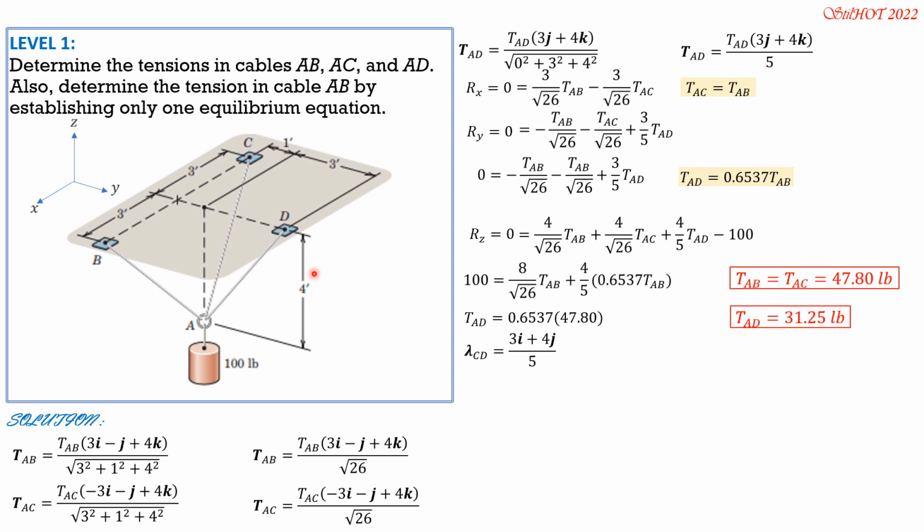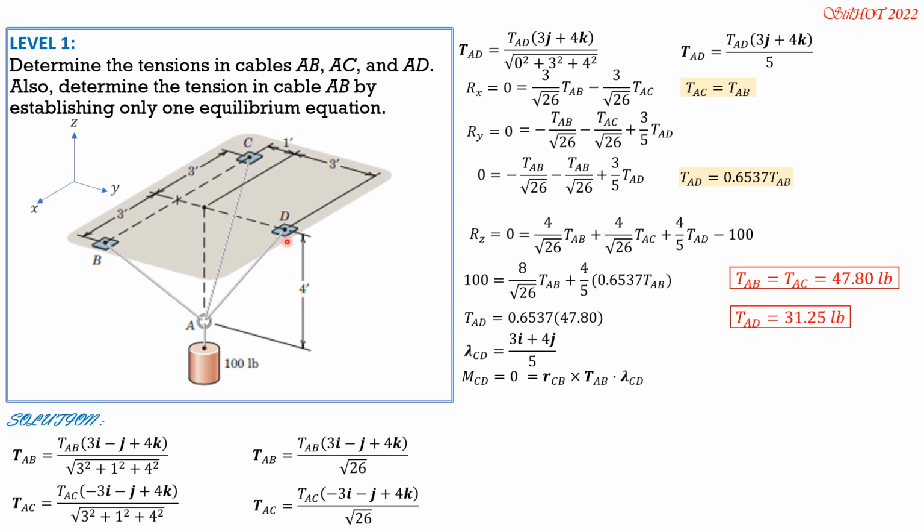Then for AB, we have to cross R, AD, sorry, R CB. So R CB cross tension in AB, then that lambda of CD. So moment about CD is equal to 0, and that is equal to R CB.